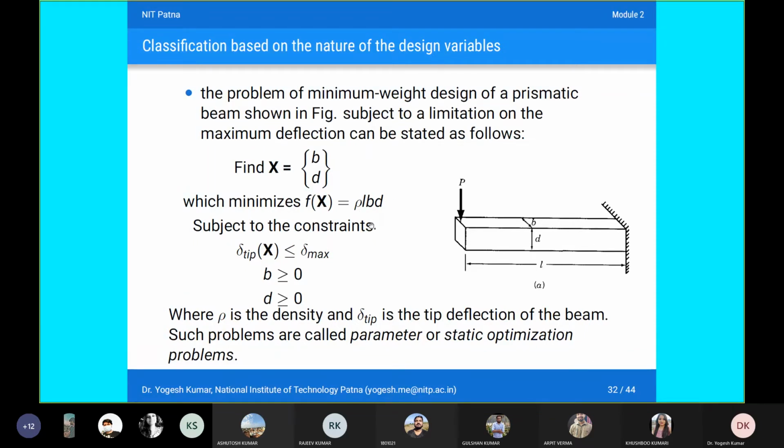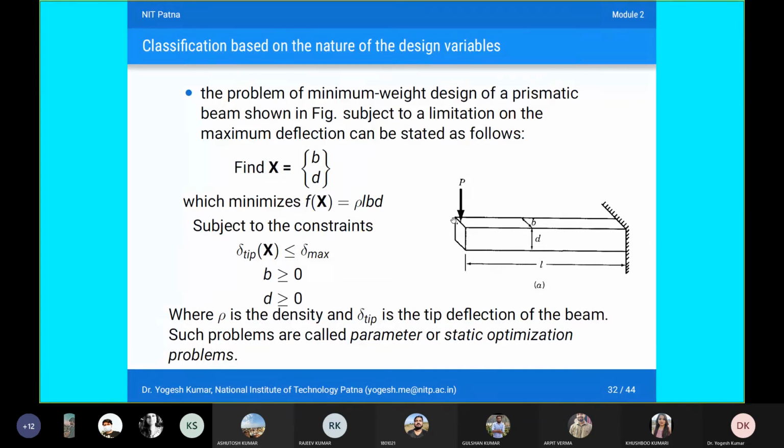Subjected to what constraint? We are having the constraint that the deflection at the tip should be less than or equal to a certain maximum value of your beam tip deflection. So this deflection should be less than a certain predefined value.